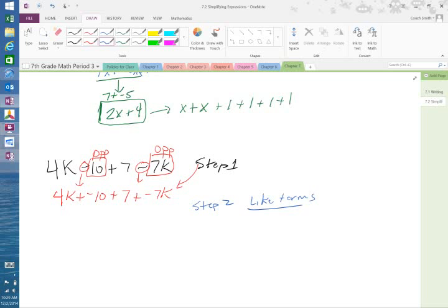Celine? No, those aren't like. Those are not the same. Emma? Yes. 4K and negative 7K are one pair of like terms. Why are they alike, Xander?